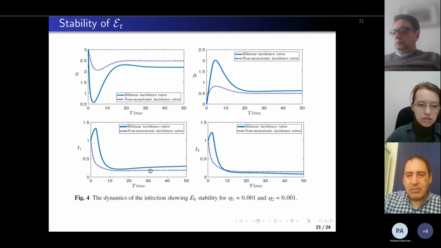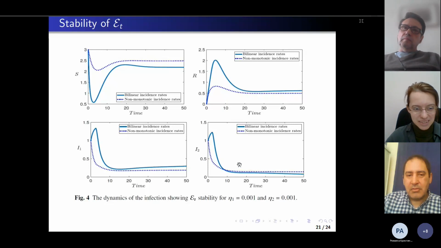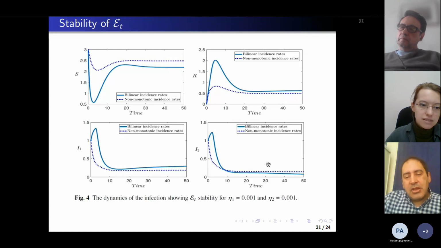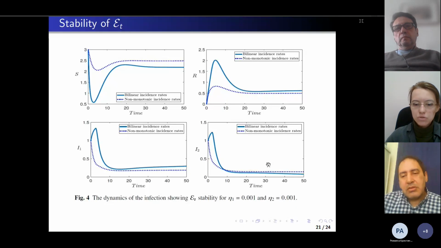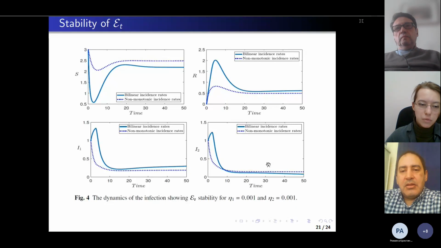And the second question, I don't know whether it's a question or just my wonder or comment: in the unstable case, the susceptibles are not zero. So why does not all the population go to infection?